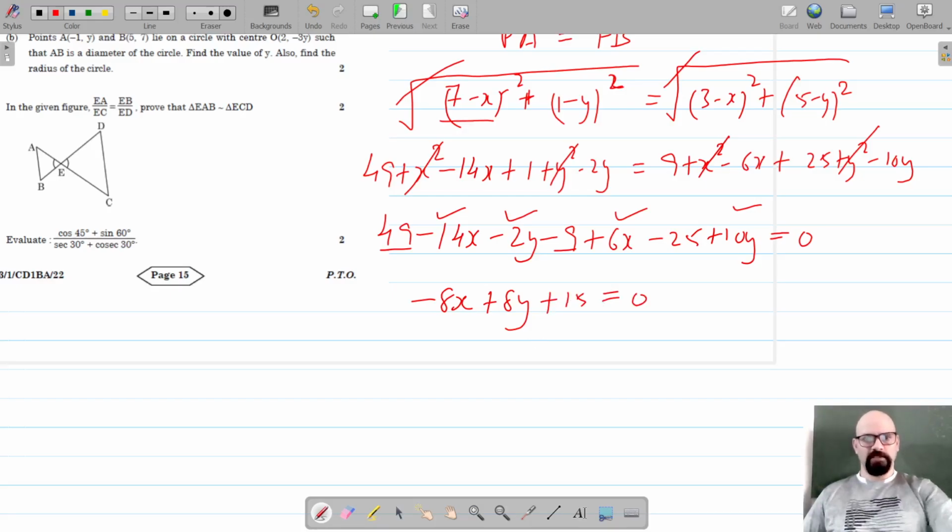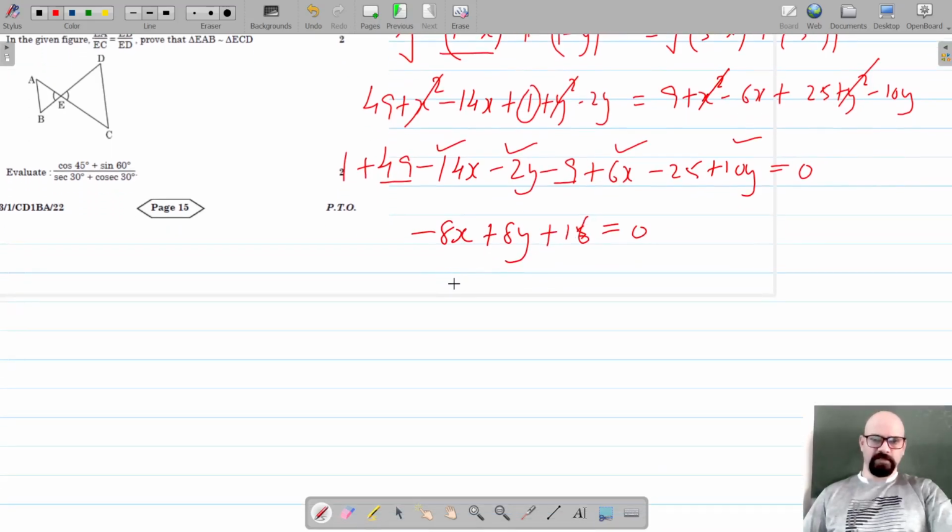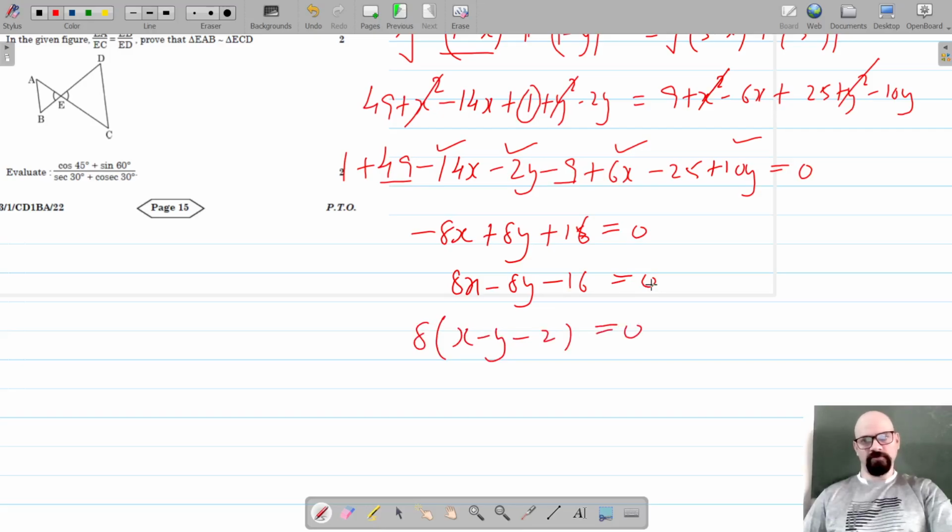We just left a 1, so if I add 1, this is 16, which gives me 8x minus 8y minus 16 is equal to 0, and 8 is common, so x minus y minus 2 is equal to 0.